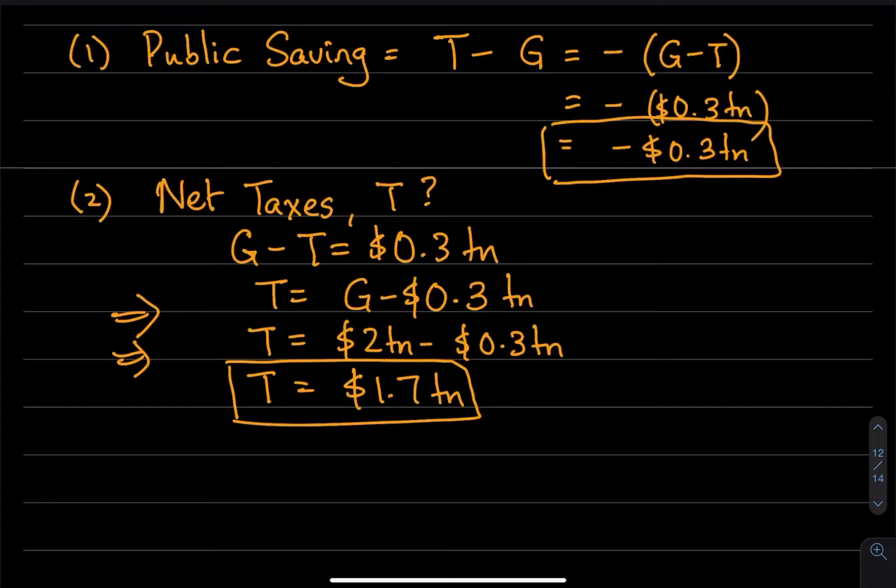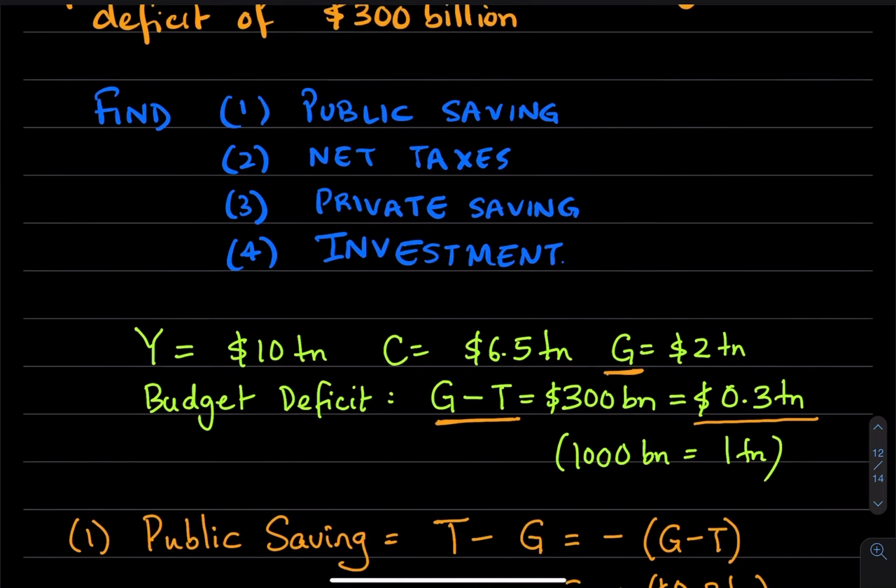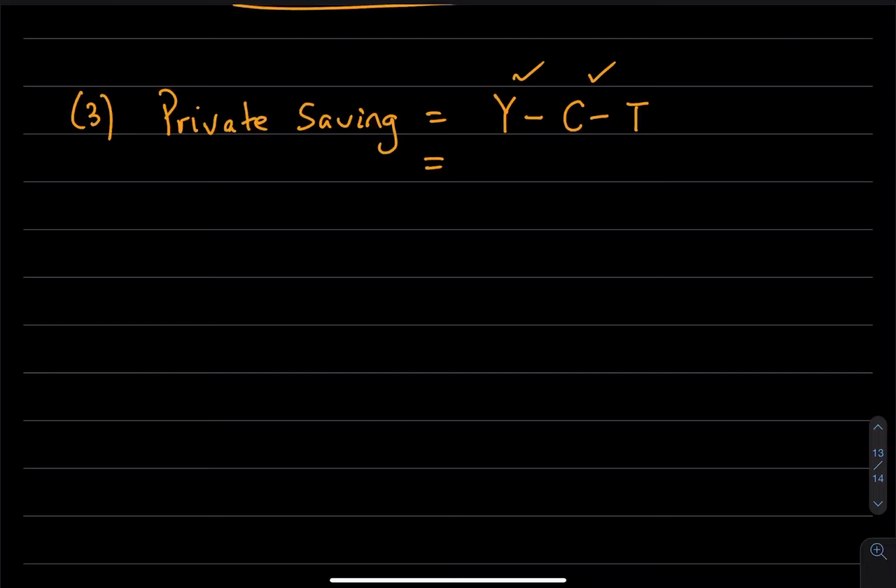The next thing we're asked to calculate was private saving. So private saving is the saving of the household. And this is defined as the GDP, which is the income, less expenses on consumption and net taxes. And notice here we have been given Y, we are given C, and we have calculated what the net taxes are. So all we have to do is substitute that in.